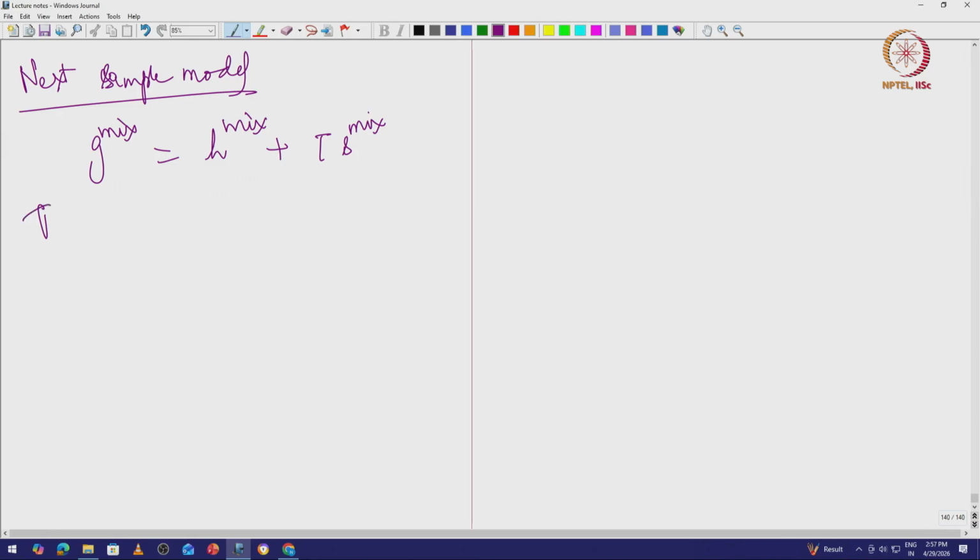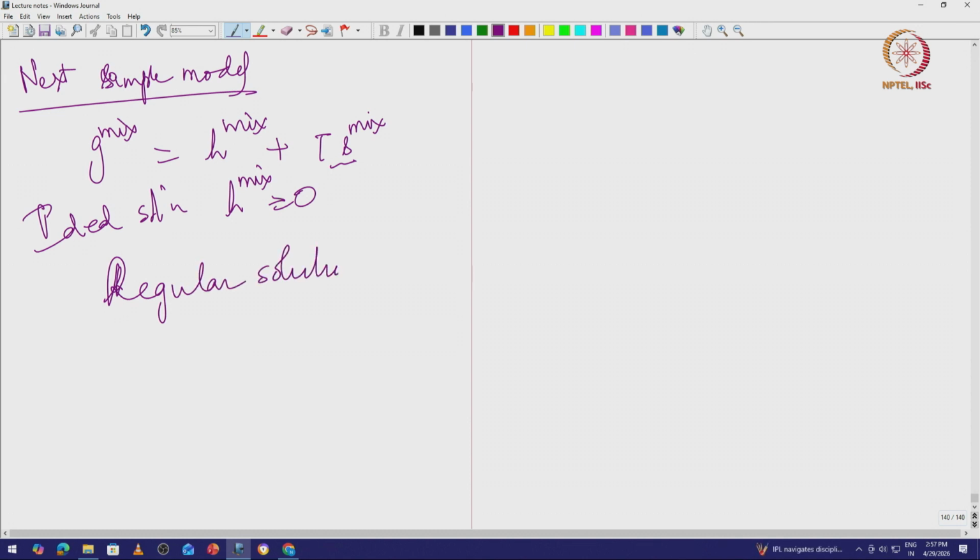So, in ideal solution H mix is 0, and only S mix exists. Now, we are going to put some H mix. So, in the next model, which I am going to call the regular solution model, it turns out that H mix is not 0. Okay. So, what is H mix?